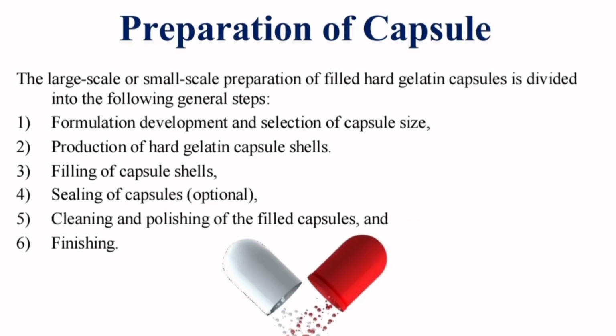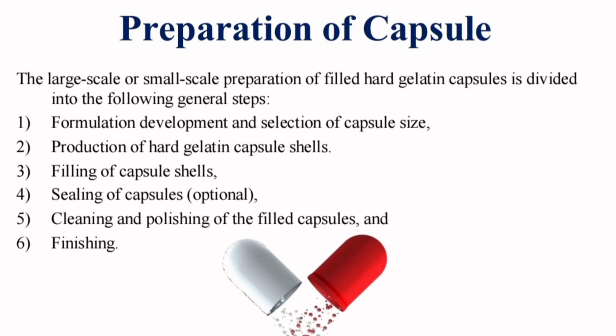Preparation of the capsules: the large scale or small scale preparation of filled gelatin capsules is divided into the following general steps. Here are some steps of the preparation of capsules. First one is the formulation development and selection of the capsule size. This is a very important step. Then second one is the production of hard gelatin capsule shells.